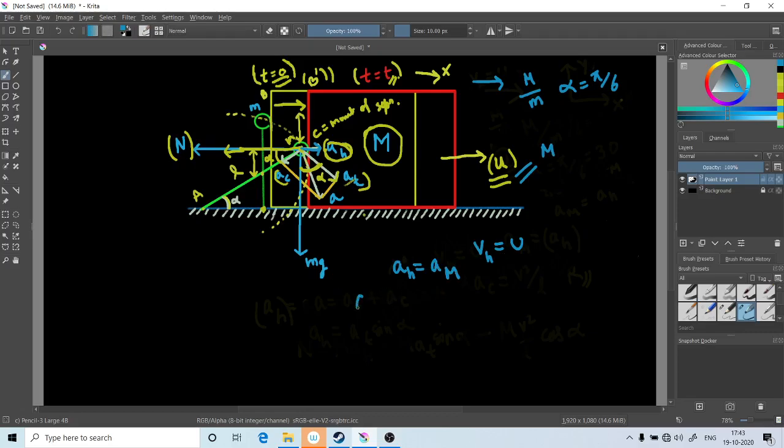And we know that the total acceleration is the tangential acceleration plus the centripetal acceleration. This is for the load m.